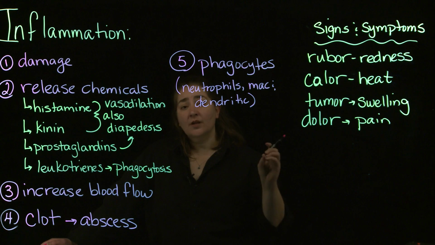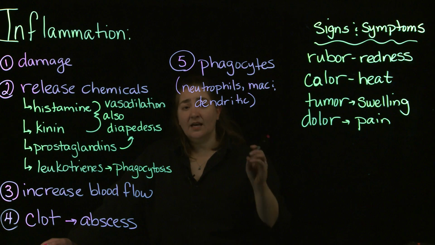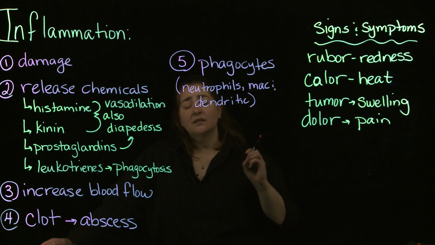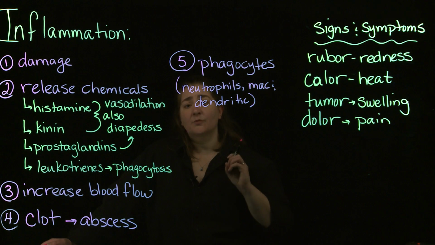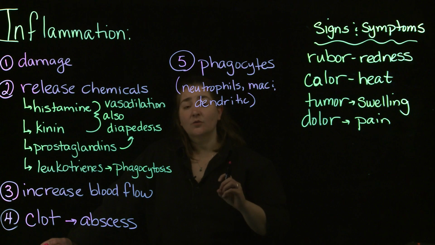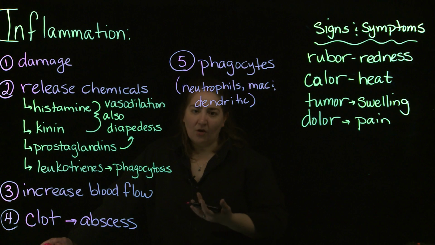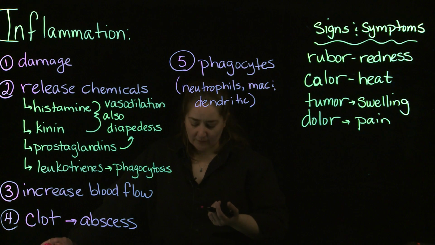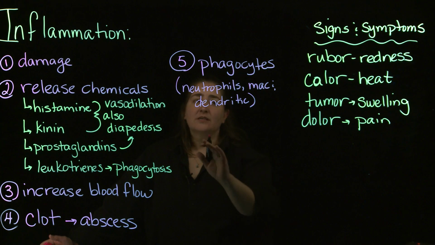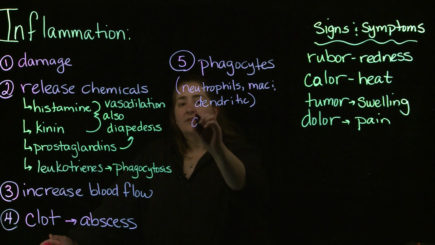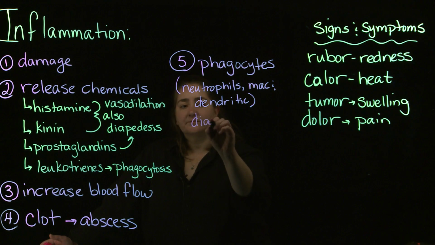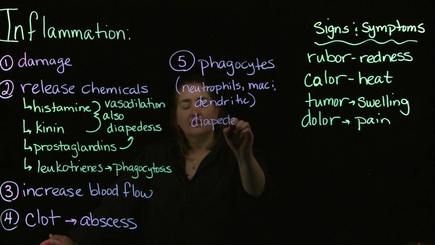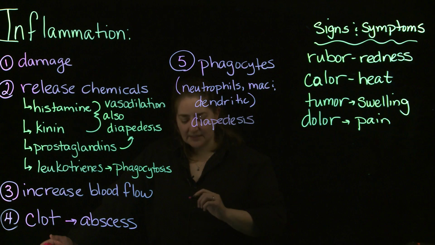You're going to have toll-like receptors on the outside of the phagocytes that are going to recognize the pathogen-associated molecular markers on the outside of the invading foreign molecule, and it's going to engulf that foreign particle, okay? So in terms of that, the phagocytes are going to come to the area. They're going to enter by the process of diapedesis.